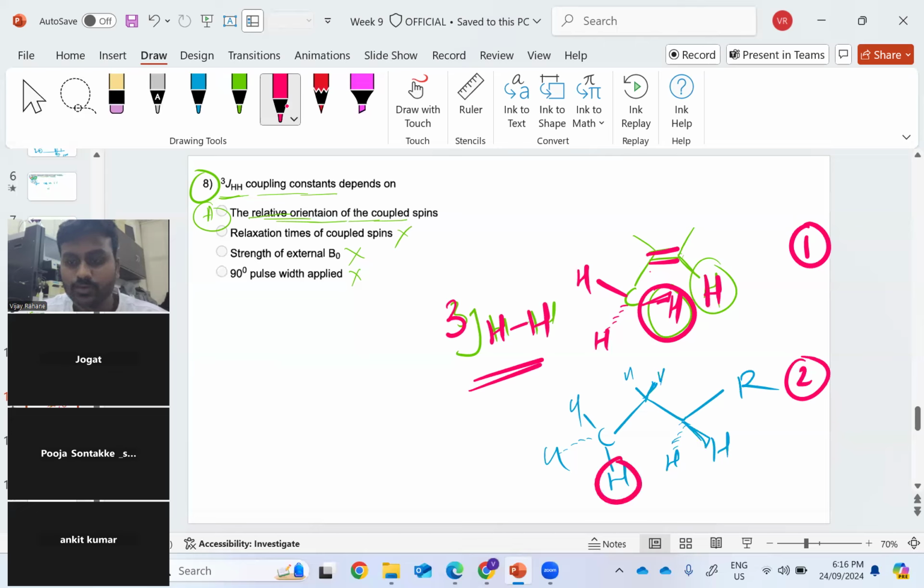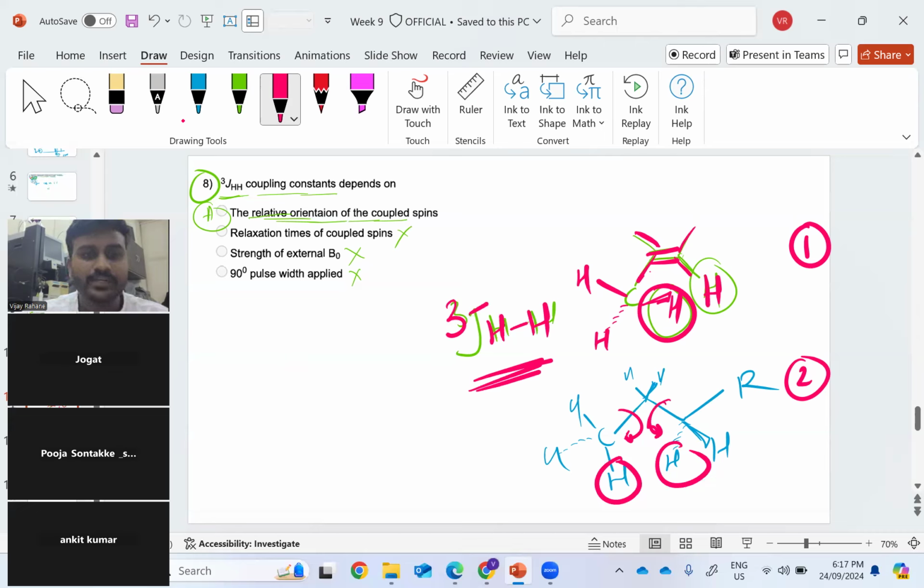But if you look at these two protons, this bond rotation is very easily possible because it is a single bond. This bond rotation is also easily possible because a single bond can easily rotate, right? But if you look at this bond, it is a double bond, so this bond rotation is not at all feasible. So the protons attached to the carbon adjacent to the olefin, and this olefinic proton, we can observe J3 coupling for these protons.